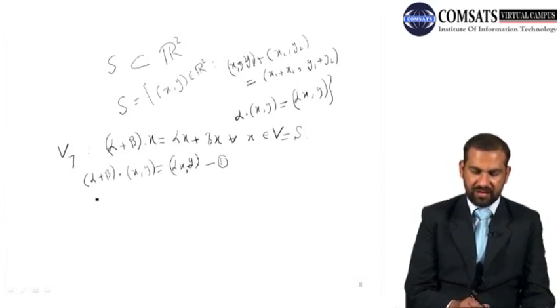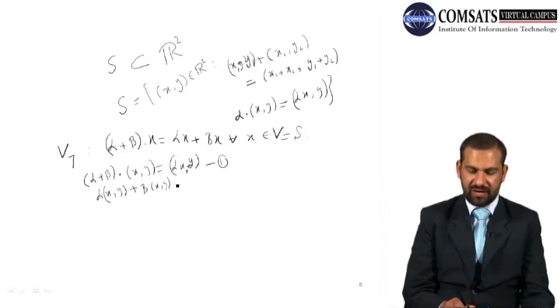On the other hand, the right hand side: alpha (x, y) plus beta (x, y). Here the (x, y) are elements of S, which is contained in R square. So by applying the definition of scalar multiplication on the set, the first gives us alpha (x, y), and from the second one we have plus beta (x, y).